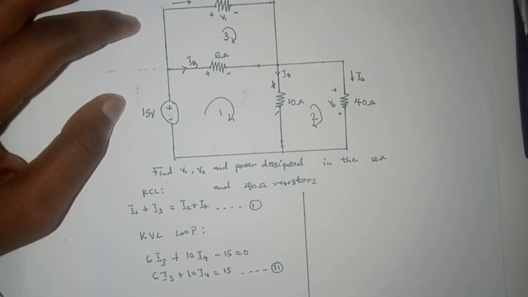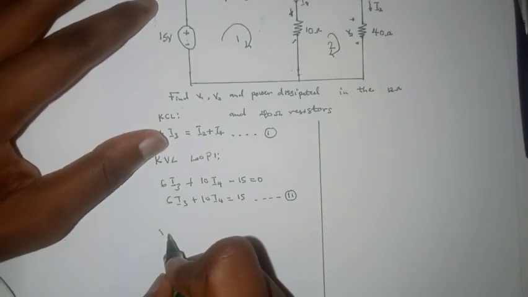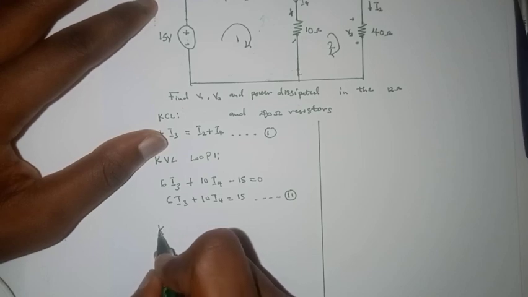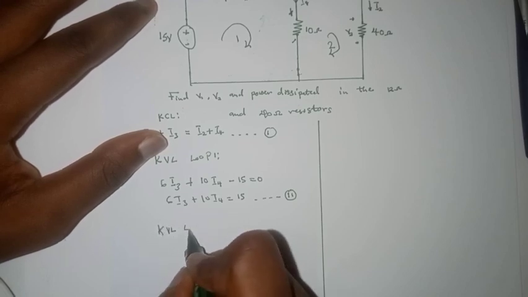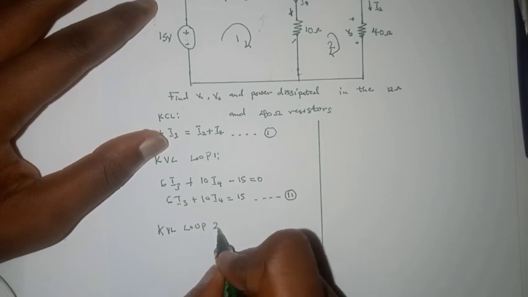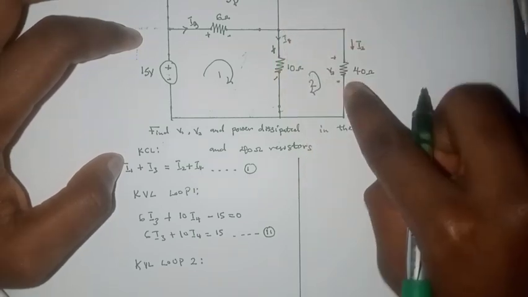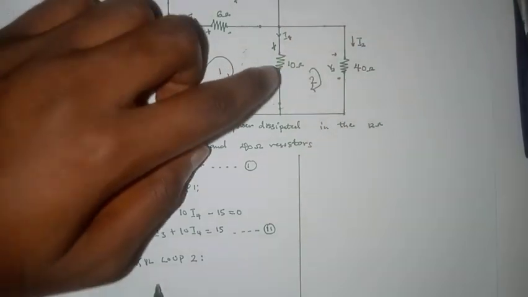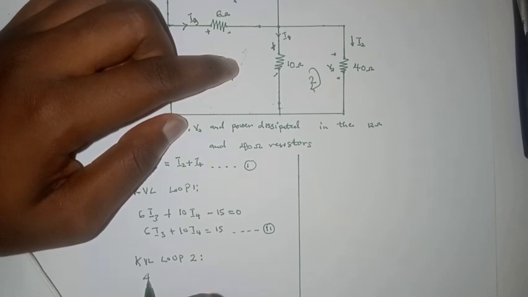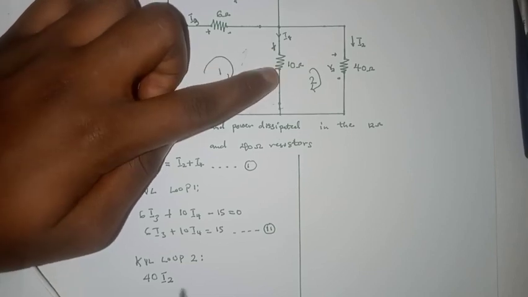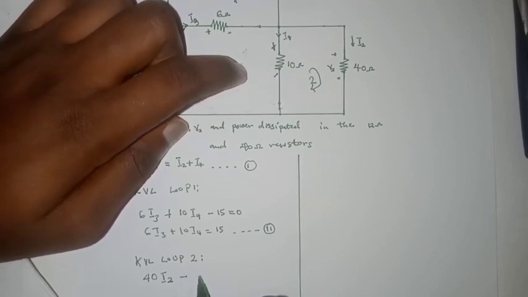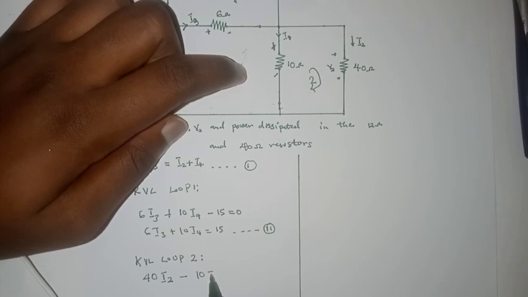Then we write the KVL for loop 2, and that would be 40I2 minus 10I4 equals 0.